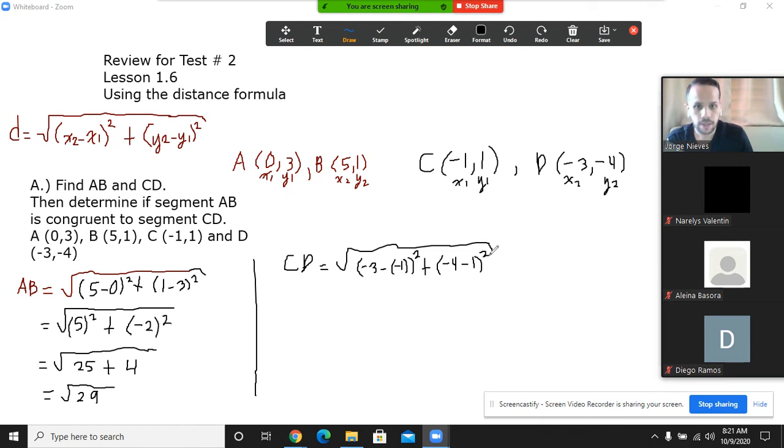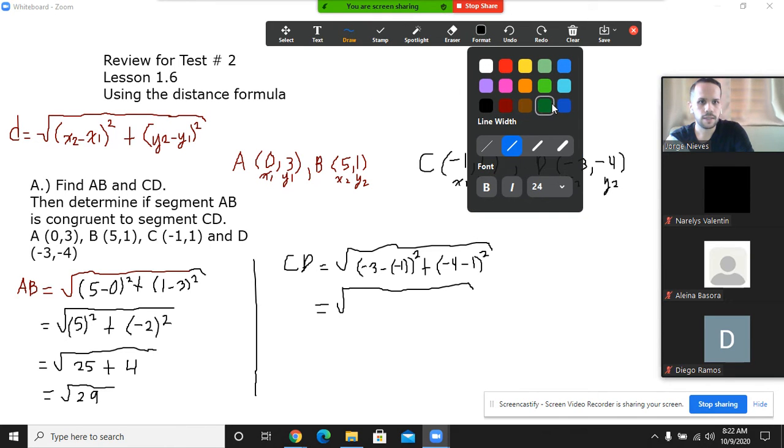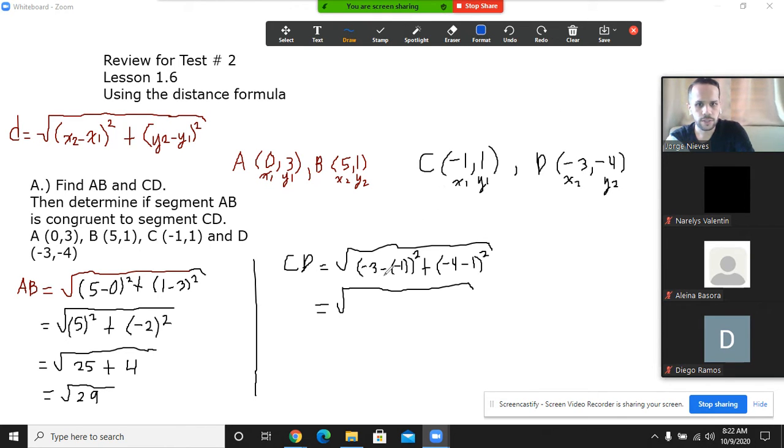So now we're going to solve this, and in the first parenthesis, we have -3 minus -1. That is the same as saying this turns to addition and this changes the sign, okay? So -3 plus 1 is -2, okay?